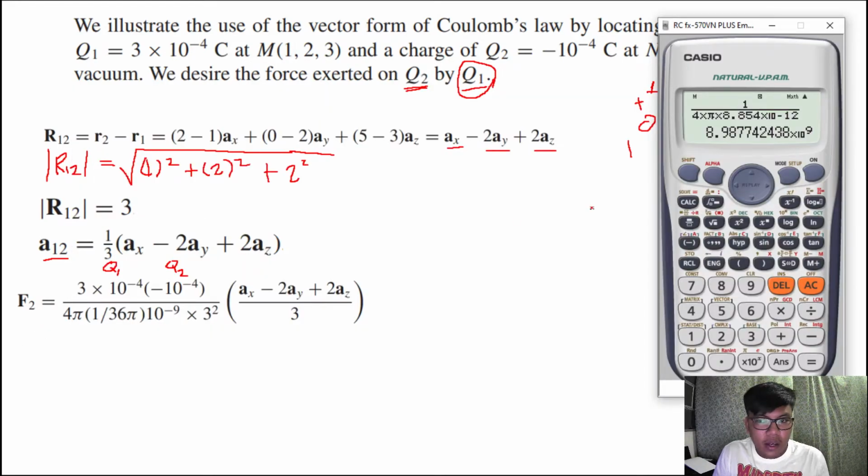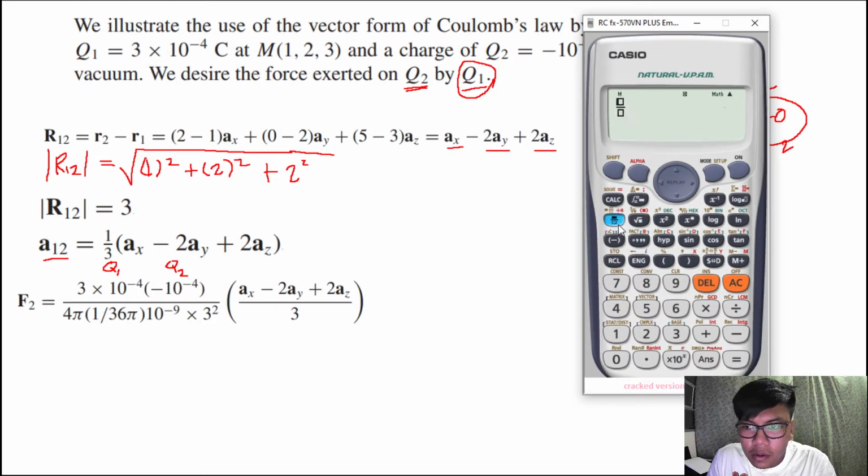Gamit ang ating mahiwagang calculator. So, we have 3 times 10 raised to negative 4 times negative 10 raised to negative 4. Pansinin na yung sign sinama ko.